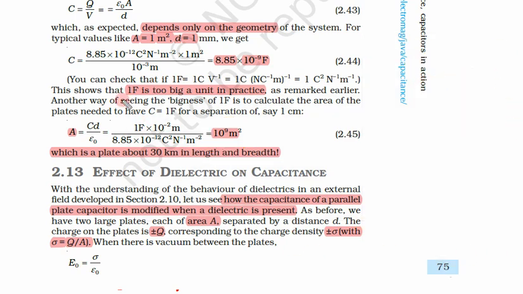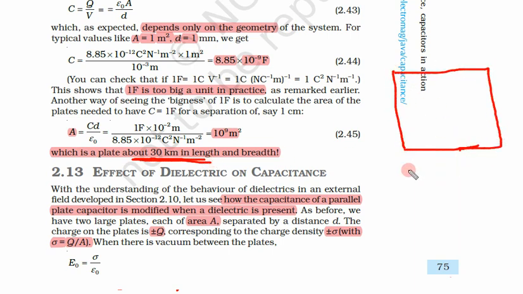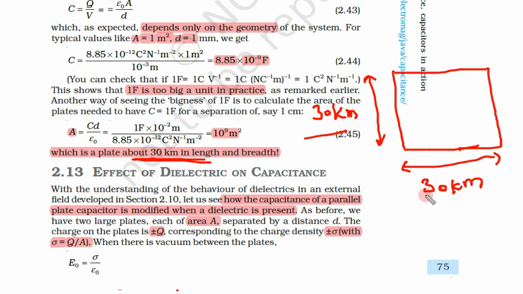And in real life, this is an area which is 30 kilometer in length and 30 kilometer in breadth. So getting this area is like a plate which is 30 kilometer in length and 30 kilometer in breadth. So this is very big, and this is not a practical value. Hence we never use farad.